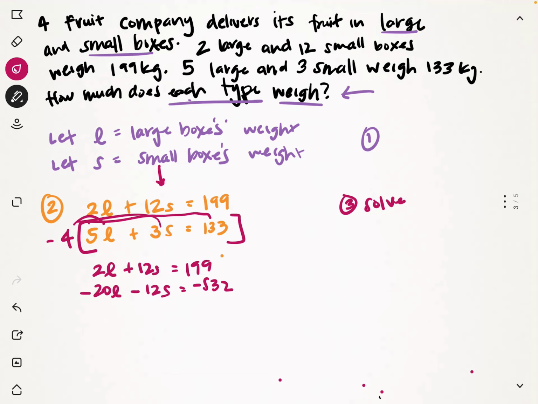Now here, because we have 12S and -12S, those cancel out. And then we're adding, right? So 2 plus -20 is -18L, which is equal to -532 plus 199, which is negative 333.